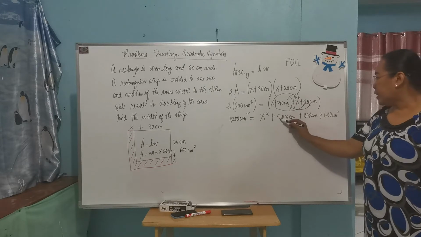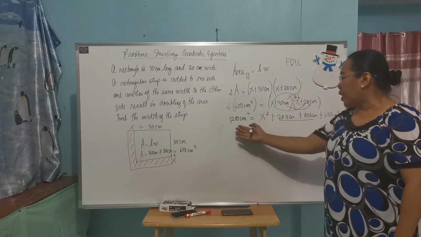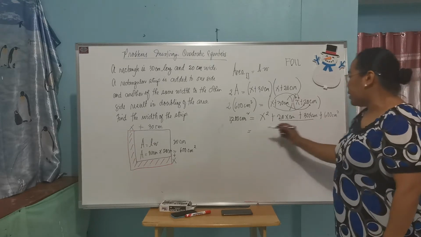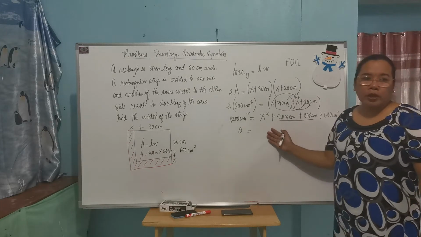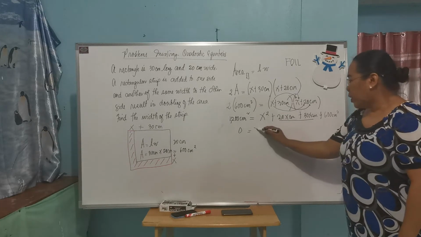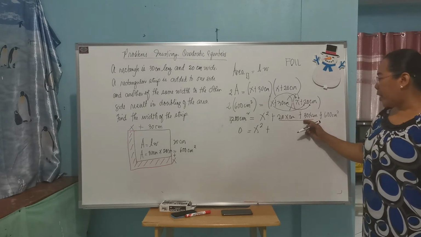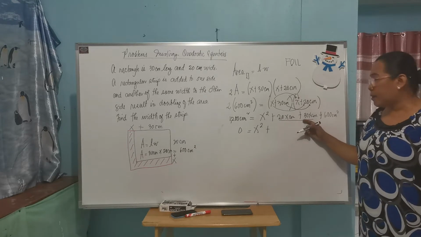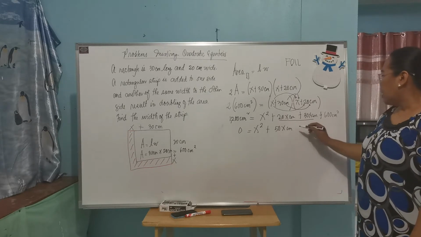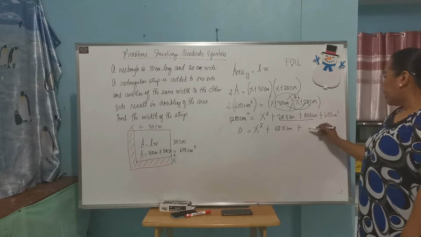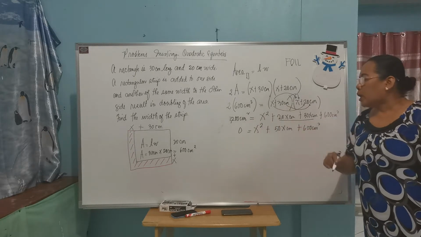Let's combine similar terms. So these are the same. Okay? So we are going to bring your 1,200 to the other side. So what is left here is 0. That is by subtraction property of equality. So we have now x squared plus 20x centimeters plus 30x centimeters would give us 50x centimeters plus your 600 centimeters square.